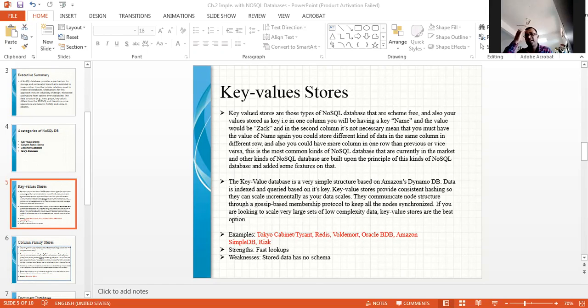So I hope that this is the overview of the key value database within the implementation of NoSQL. Understand it? Okay.